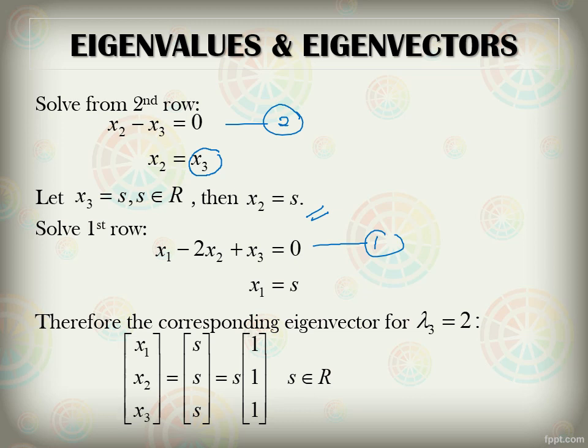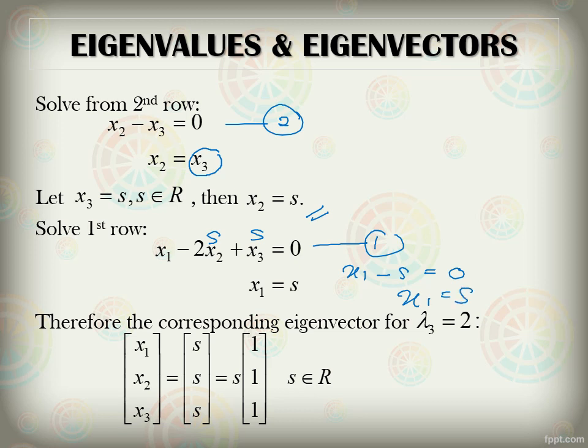We substitute x3 equal to s, x2 equal to s into our first row equation, and we get x1 minus 2s plus s equal to 0, so x1 minus s equal to 0. So our x1 is also s.